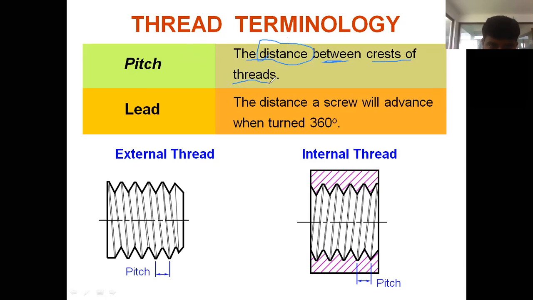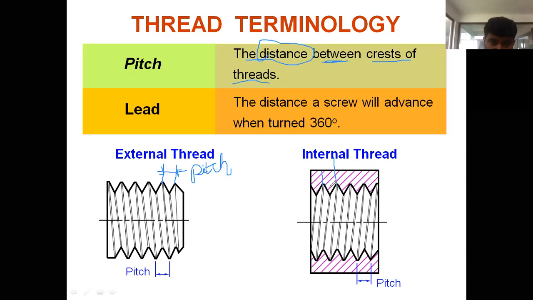You already know what crest is. Here, from this point to this point, this is called one pitch. Here also it is there, pitch to pitch or root to root. So they are called the pitch.